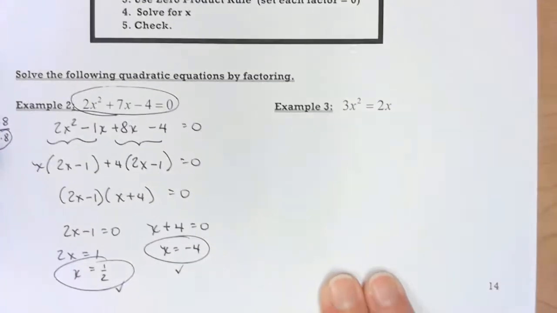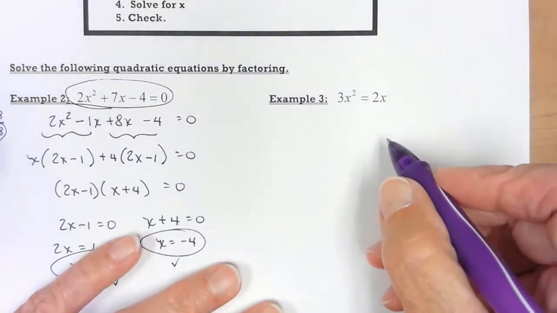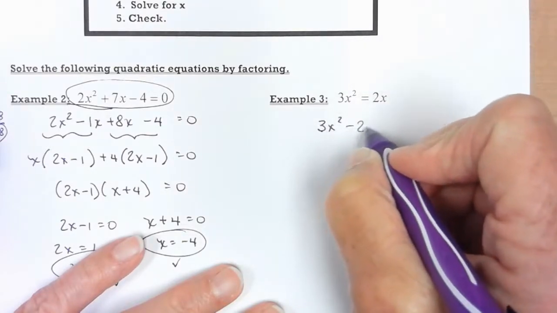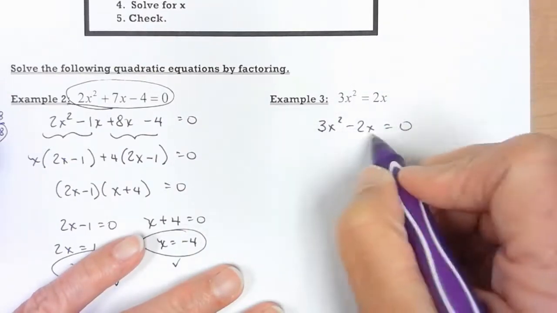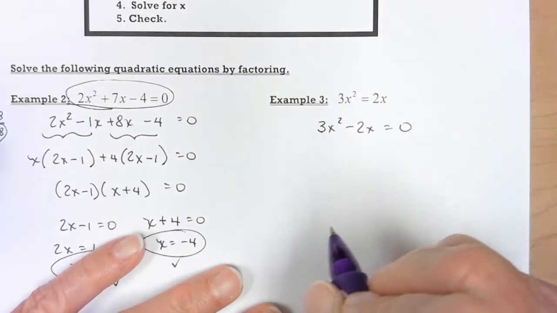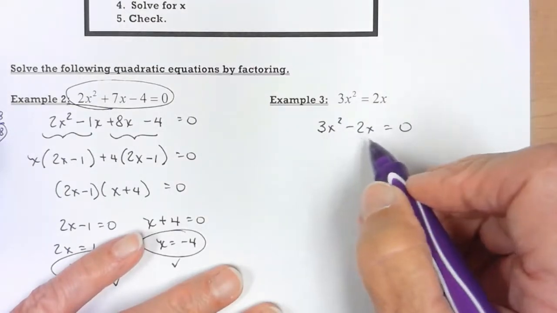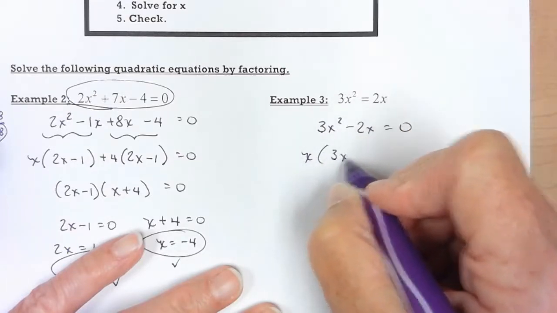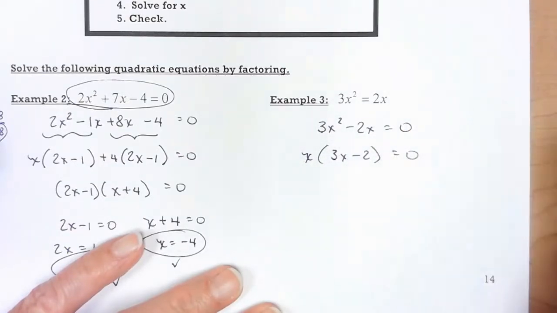Alright, example 3, not in correct form. I need to subtract 2x from both sides. It's in standard form. I've got it equal to 0. I've got a binomial, but first thing I've got to do is factor out an x. So that's all the factoring I can do.